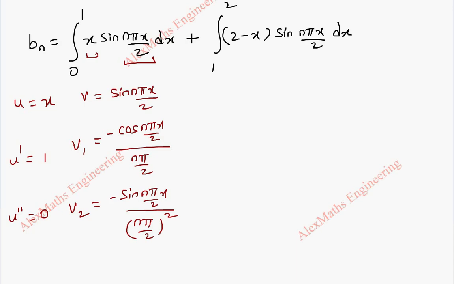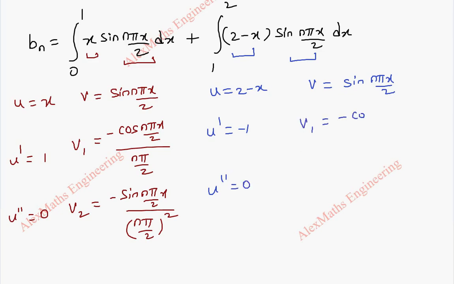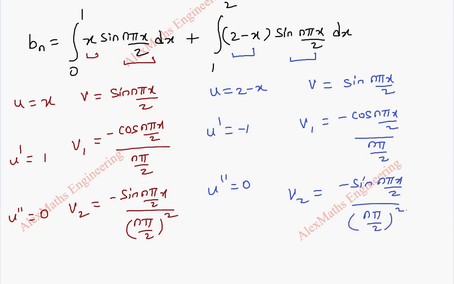In the same way, for the second part, u equal to 2 minus x and v equal to sin(n pi x / 2). u dash is minus 1, u double dash is 0, v1 is minus cos(n pi x / 2) by n pi by 2, and v2 is minus sin(n pi x / 2) by (n pi by 2) whole square.